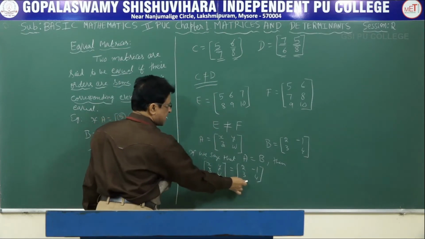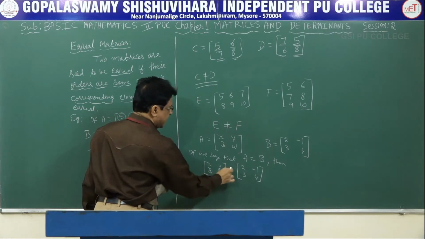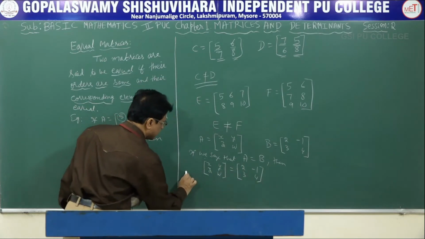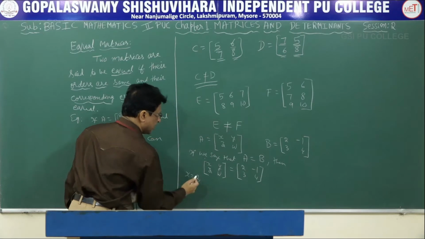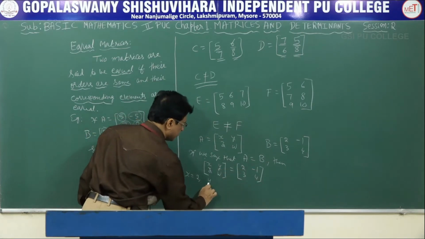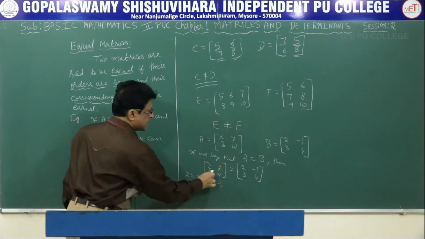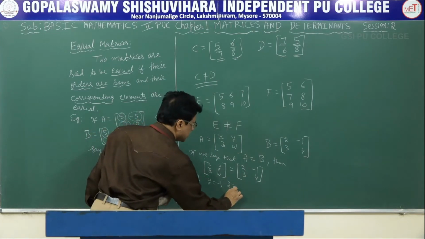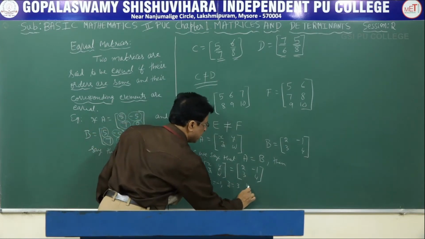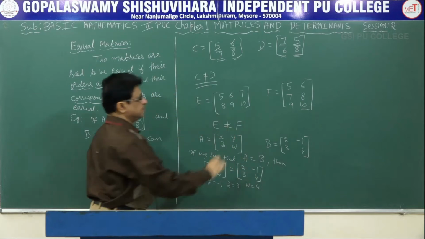Here the orders are same and the corresponding elements we can equate. So x will be equal to 2, y will be equal to -1, z will be equal to 3 and w will be equal to 4.